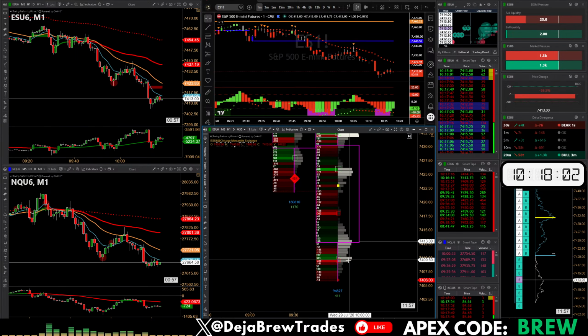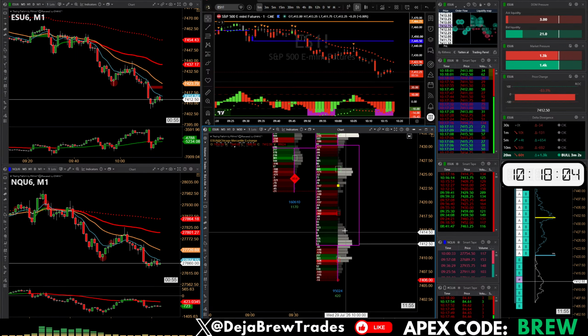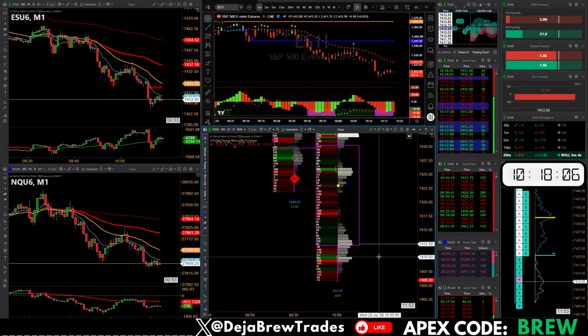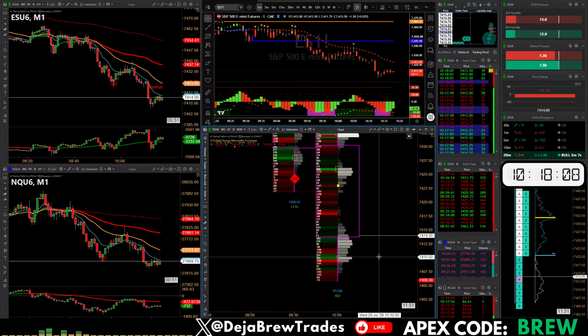Doing a good job building a node down here. Right now we are just rotating back and forth. It's not obviously one-sided.